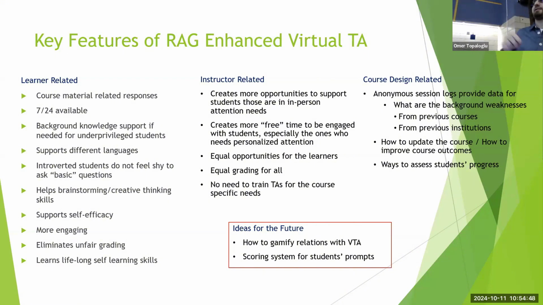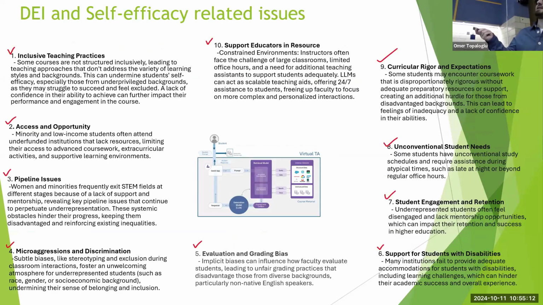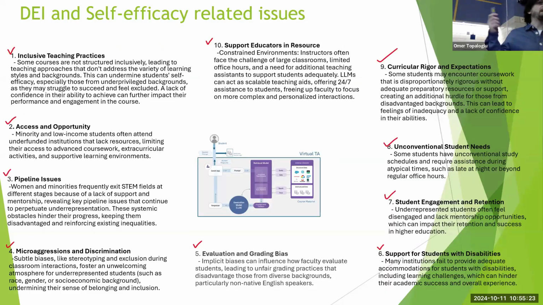If they are looking for creativity, information, knowledge, whatever they are looking for, this is going to let us collect more information about students' needs, and then we can update the curriculum, not only for our course, but also for the prerequisite course, and also for the courses from previous institutions. So by using this mechanism, we can answer all these DEI problems by just adding an extra LLM model into the system.